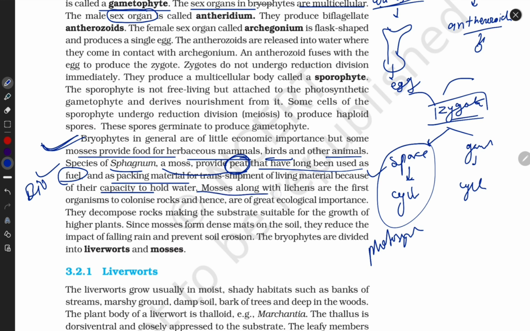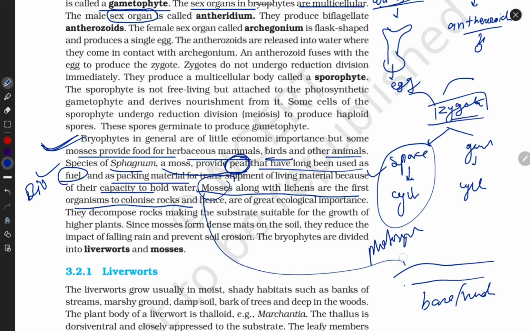Next, mosses along with lichens are the first organisms to colonize rock. If there is a bare area with no plants and no grasses, and we drop mosses and lichens there, they aggregate and make the bare area into nutritious area. They grow and grow. So they contribute to ecological balance. They decompose rocks, making the substrate suitable for the growth of higher plants.